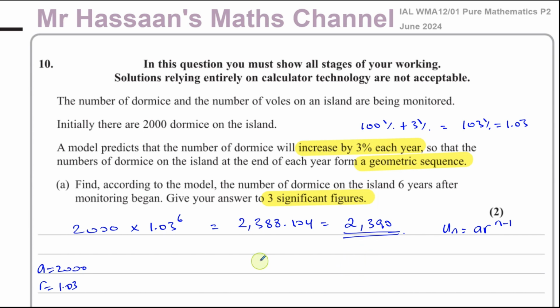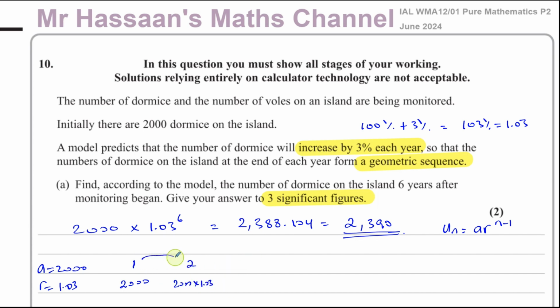So the first term is 2,000. This does not mean the end of the first year. This means the very first term, right at the start, initially, when monitoring began. At the end of the first year, you're going to be at the second value, which will be 2,000 times 1.03, an increase by 3%.